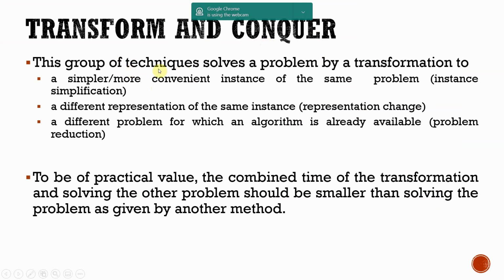This group of algorithms solves a problem by transformation to either a simpler or more convenient instance of the same problem, a different representation of the same instance, or a different problem for which an algorithm is already available. To be of practical value, the combined time of the transformation and solving the other problem should be smaller than solving the problem itself.